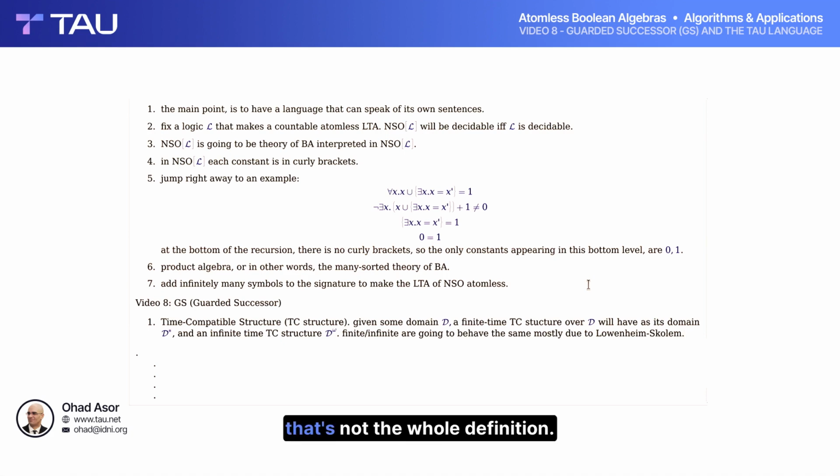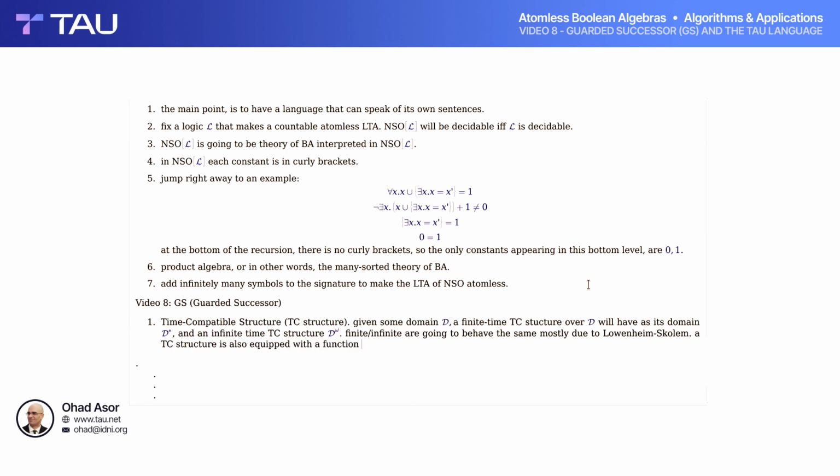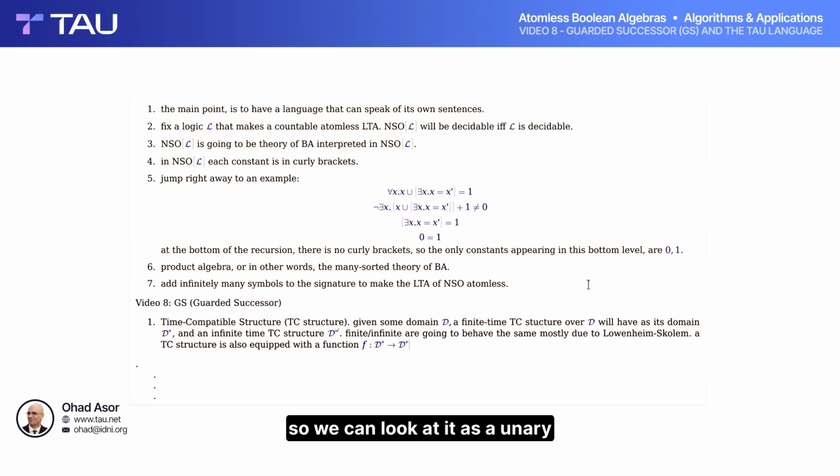Now, that's not the whole definition. We said what the domain of a TC structure is. Now, it is also equipped with a function. We can look at it as a unary function over the domain of the structure, although it can be a k-ary function. It can take multiple sequences and return multiple sequences, as we will comment later.